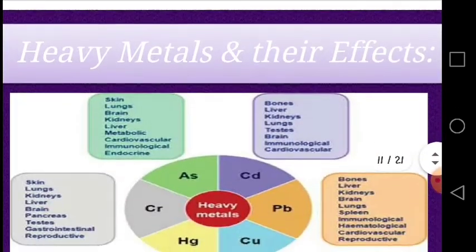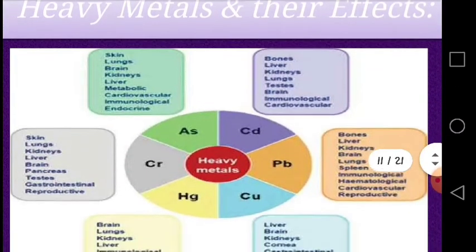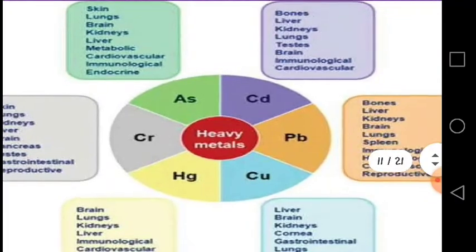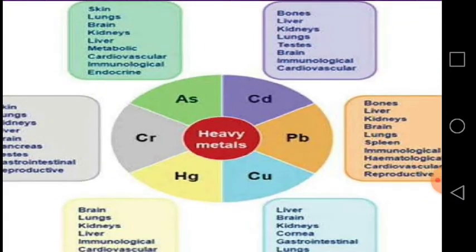First of all, we are going to talk about the heavy metals and their effects. Dear students, these are some of the heavy metals which are released from factories as waste. They include arsenic, cadmium, lead, copper, mercury, and chromium.